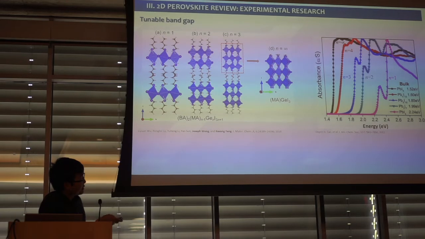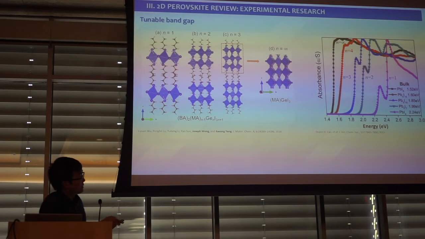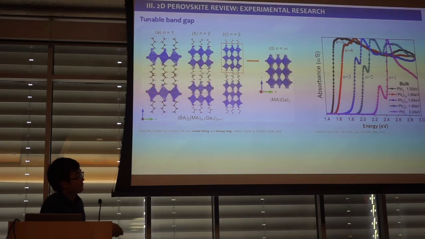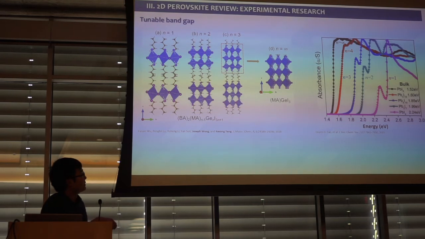And by controlling the dimensionality, you can control the exact band gap that you'll get. So you see in this plot right here, these are absorbance plots. And so you'll see that depending on the n value, you can get different absorbance values corresponding to a different band gap. And so in that way, you can easily control the band gap of these materials.